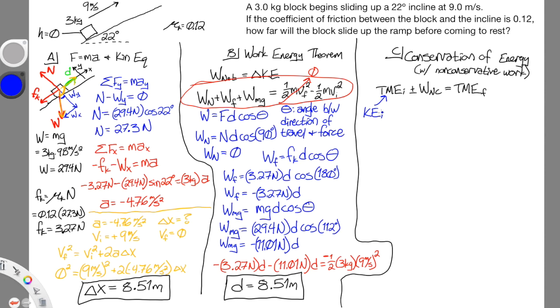And we're at h equals 0, so we do not have any gravitational potential energy. The work non-conservative is just going to be the force non-conservative, whichever non-conservative force we have, times the distance traveled, times the cosine of theta. With the same definition as before, the angle between that force and the direction the object is traveling.